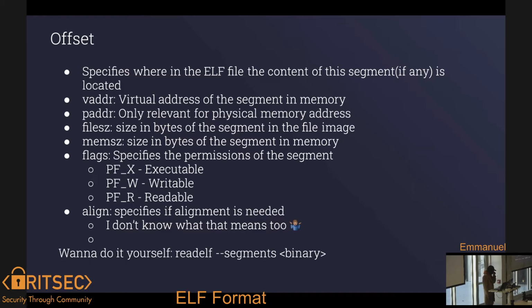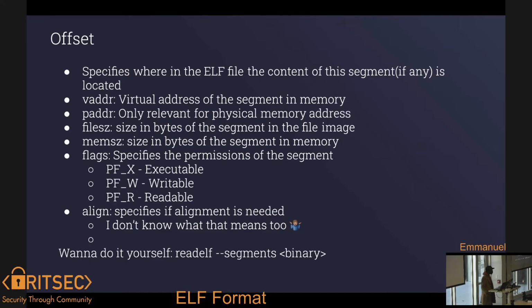So pretty straightforward. The segment, that's where the code will be, points to that. Next to that are p_vaddr and p_paddr. Again, the V is just the virtual address of the segment in memory, and the P is for the physical memory address.